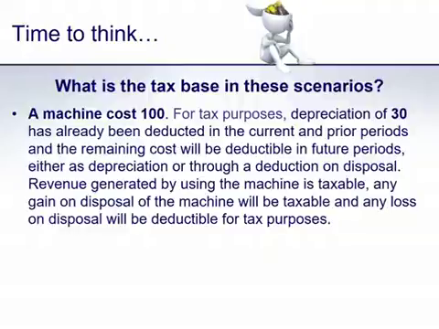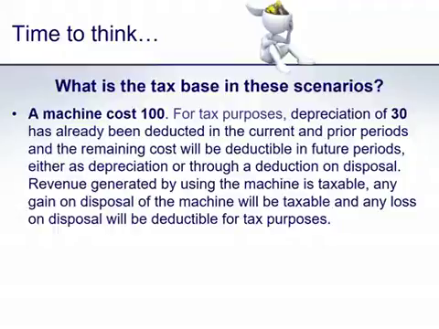Revenue generated by using the machine is taxable. Any gain on disposal of the machine will be taxable, and any loss on disposal will be deductible for tax purposes. Now remember, the definition of the tax base of an asset is the amount of future deductions that are available to the entity as it recovers the carrying amount of the asset.